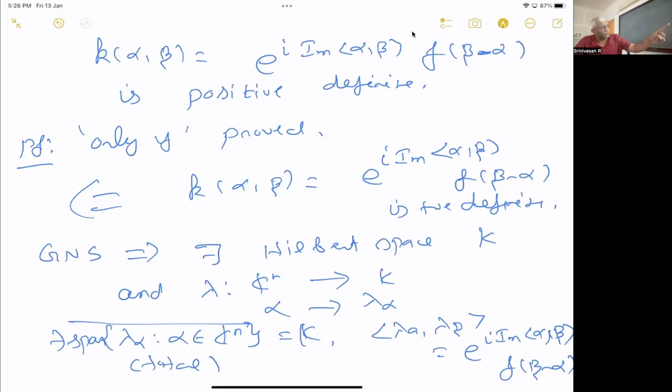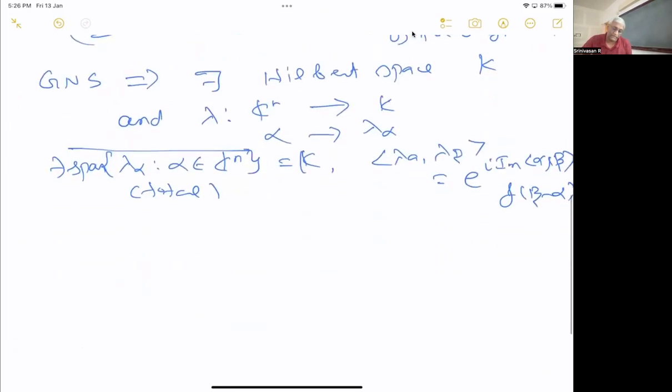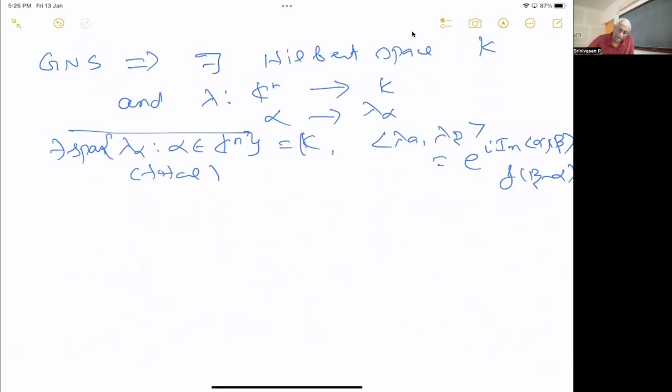Last time we did the calculation, and I think it is e power plus i imaginary part of alpha beta, f of beta minus alpha. So I think this is correct. We have got this Hilbert space. On this Hilbert space, let us try to get the Weyl representation somehow. So this is the idea. We have a positive definite function. Using that, we got a Hilbert space using the GNS construction.